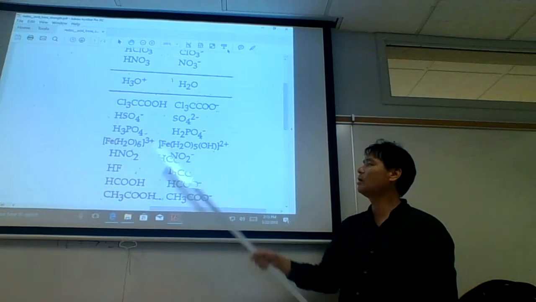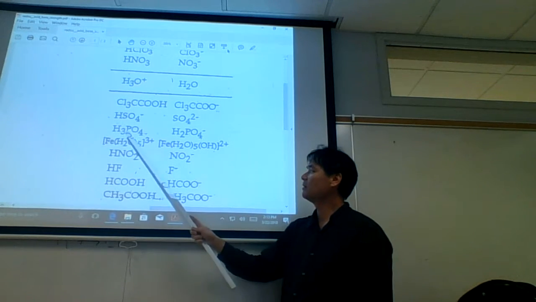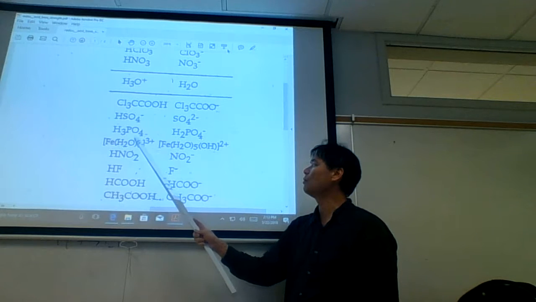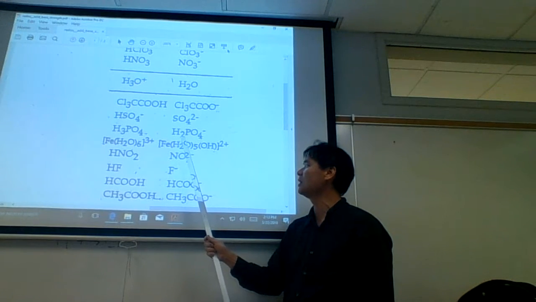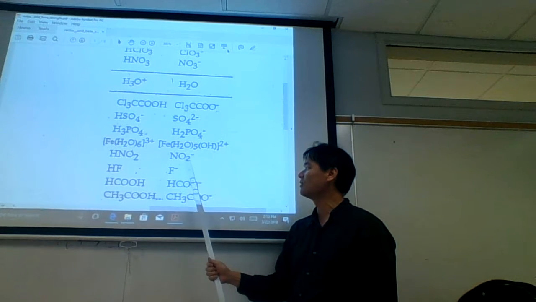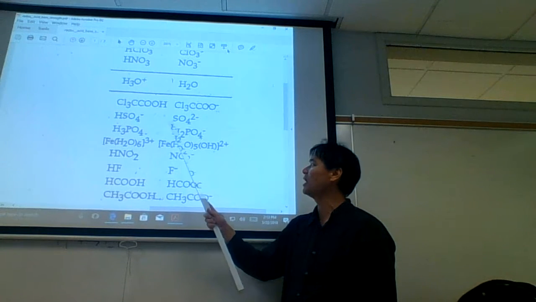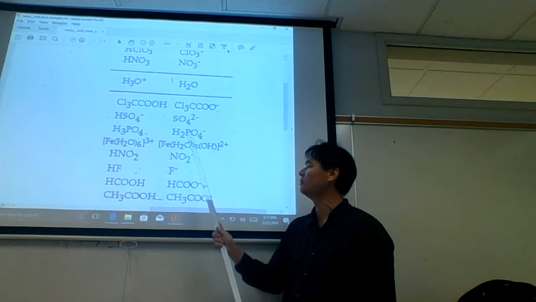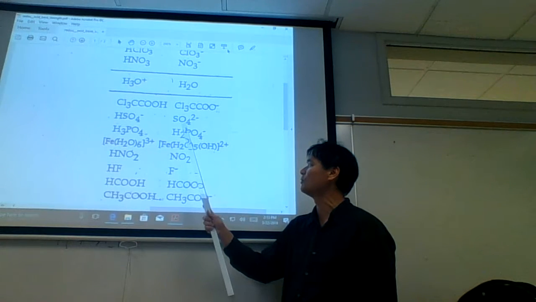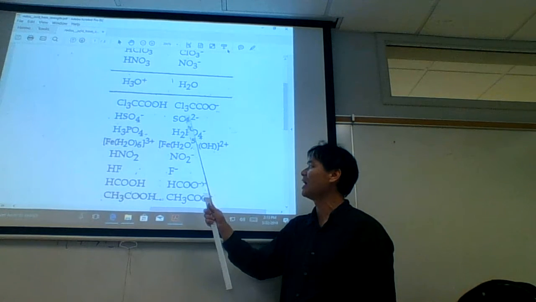This is a quick way to test. For example, if I have H3PO4, H3PO4 will react with any base stronger than H2PO4 minus. So it will react with nitrite, it will react with fluoride. However, H3PO4 will not react with any base weaker than H2PO4 minus, like sulfate, trichloroacetate.